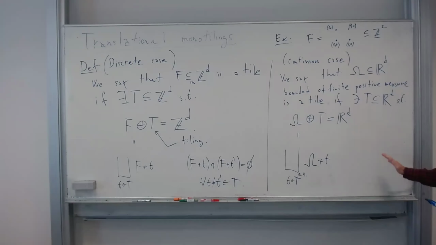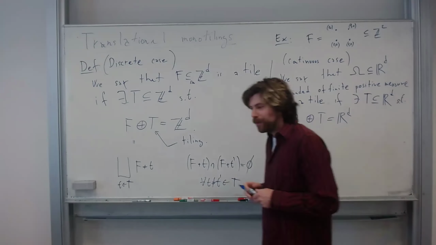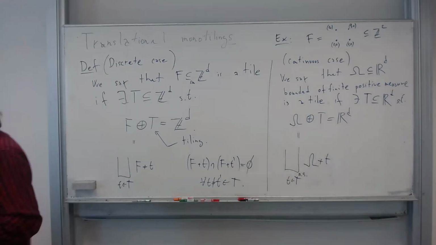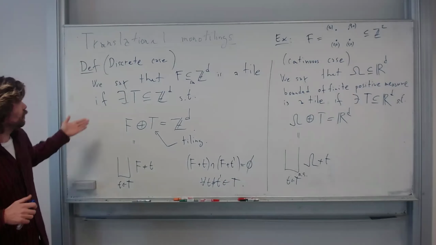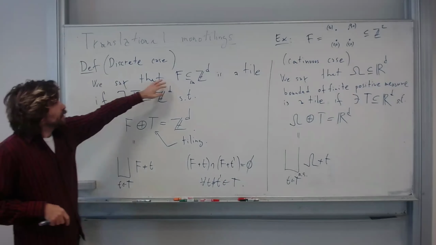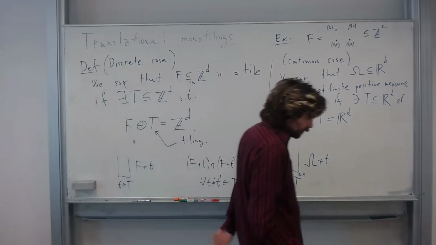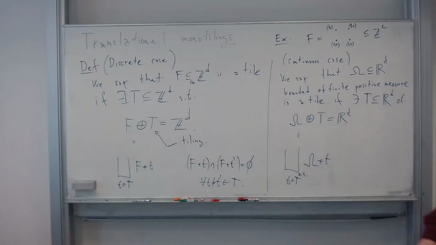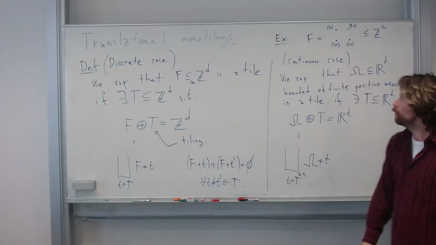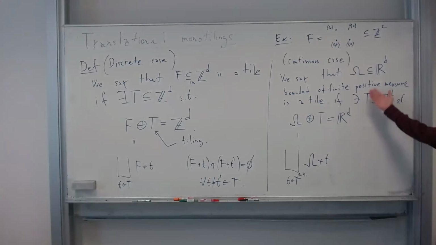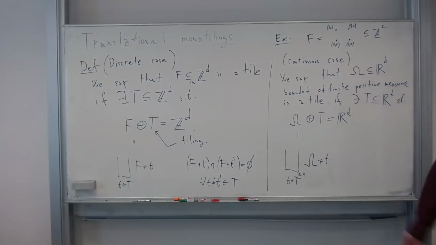We will now be interested in some basic questions, or I will tell you some known results that resolve some basic questions. For example, can we decide, and this question is actually not really answered yet, whether a given set F is a tile? Or can we understand which measurable sets could be tiles?